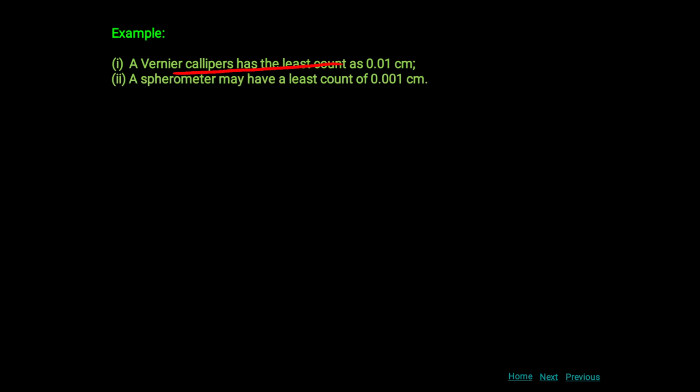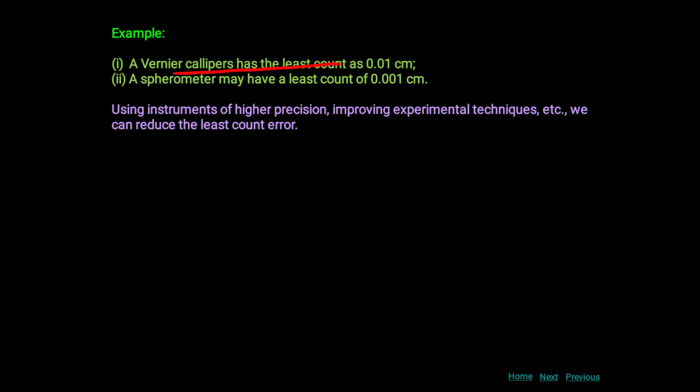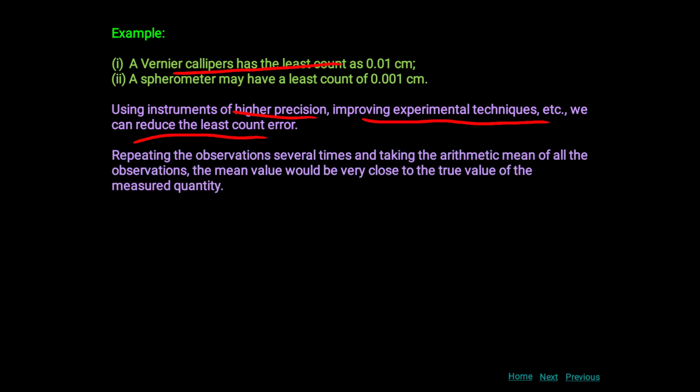A spectrometer may have a least count of 0.001 centimeter. Using an instrument of higher precision, improving experimental technique, etc., we can reduce the least count error. Repeat the observation several times and take the arithmetic mean of all the observations.